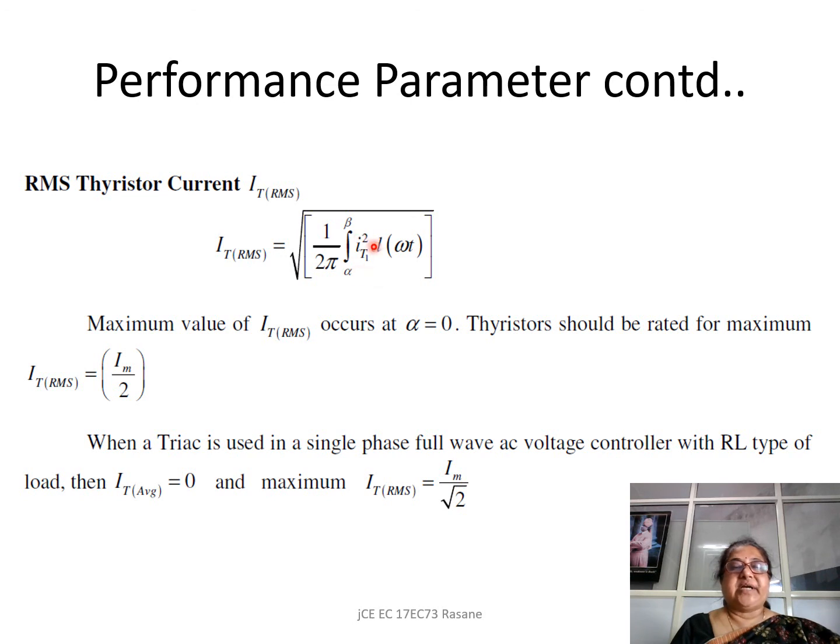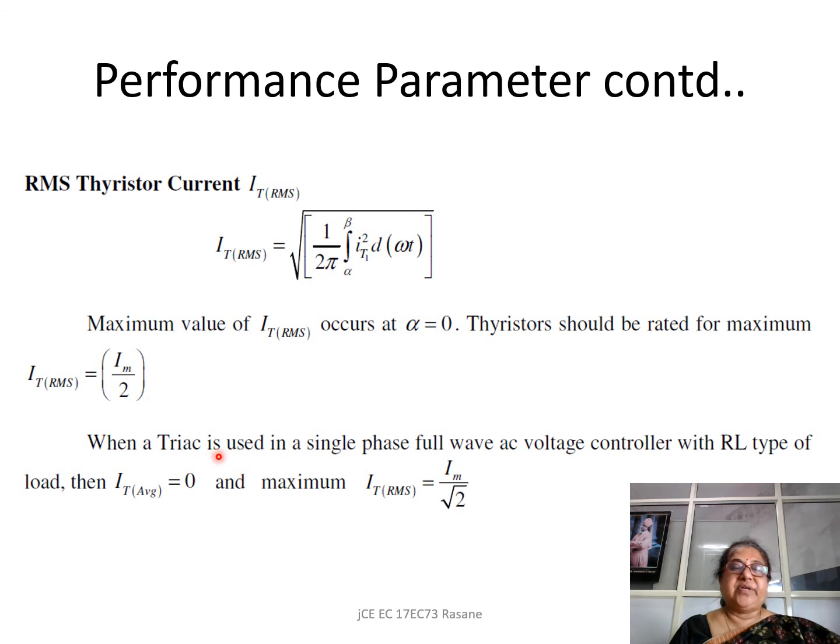Again substitute IT1 squared into this and you will get an expression for IT RMS. The maximum value of IT RMS will happen at alpha equal to 0, and hence this thyristor should be rated for maximum IT RMS equal to Im by 2.